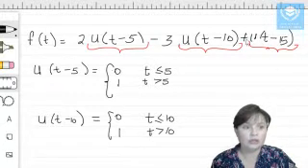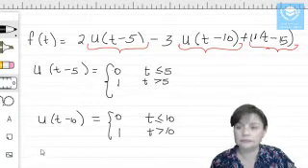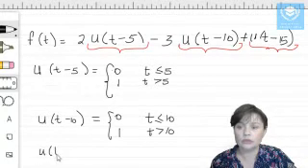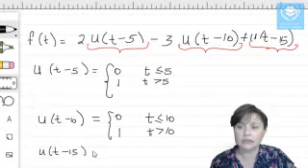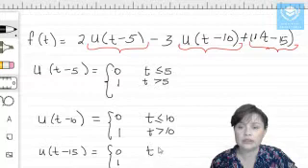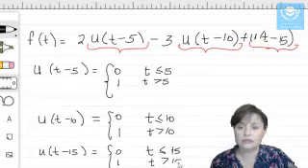And then the last one is u of t minus 15, which is equal to 0 or 1, where t is less than or equal to 15, and where t is greater than 15.